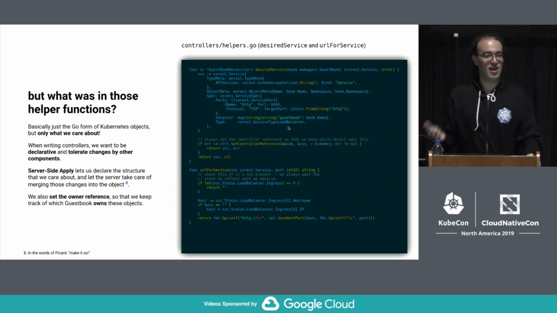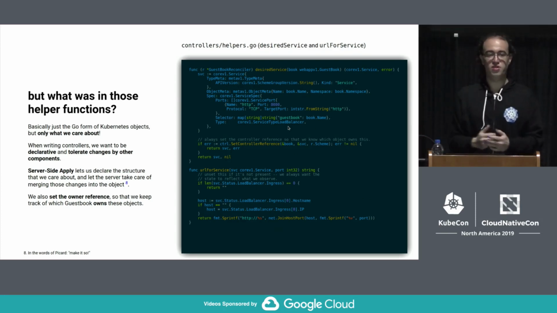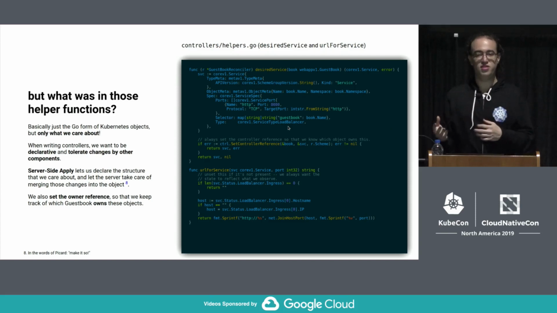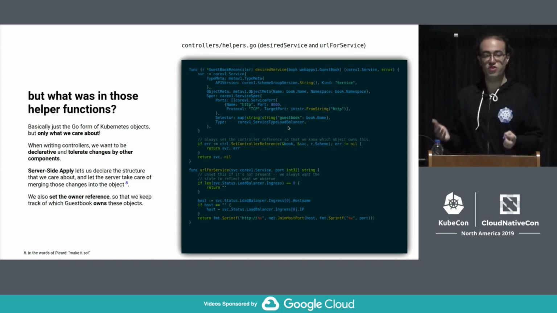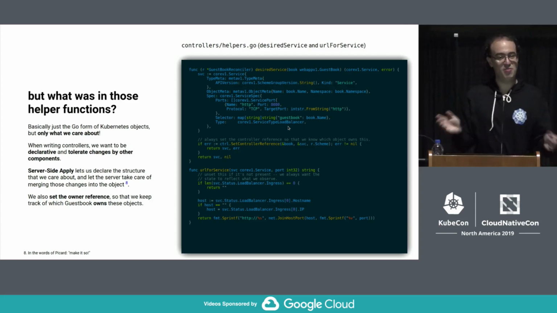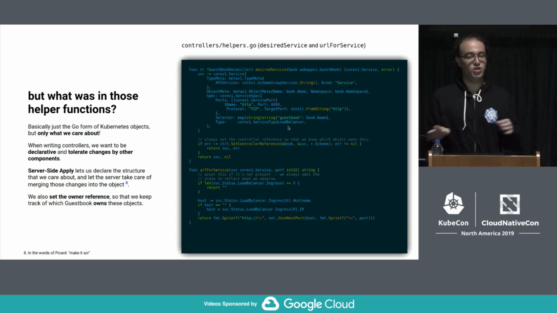So what server-side apply lets you do is declare the object in YAML or JSON form, and you just set the fields that you care about. And you always set all the fields that you care about. And then you tell the API server, make it so. And the API server figures out what changes, if any, need to be made to the actual object.